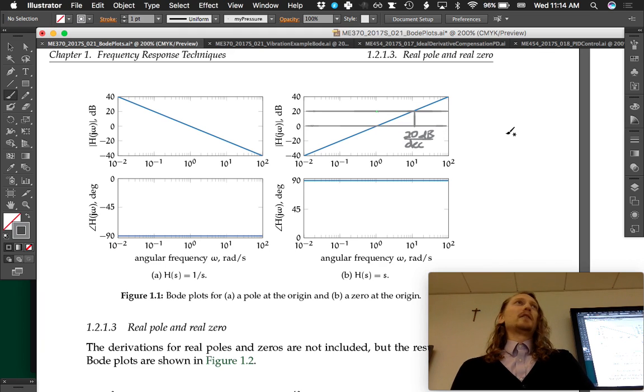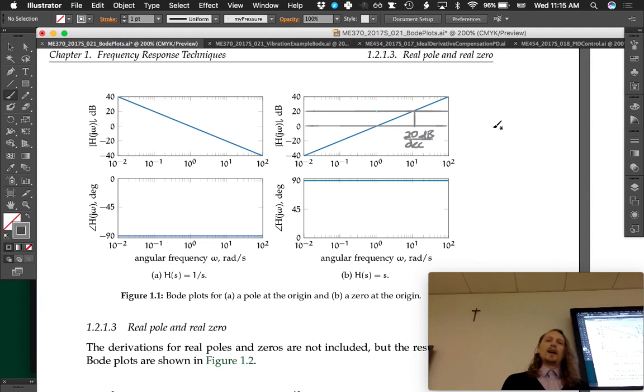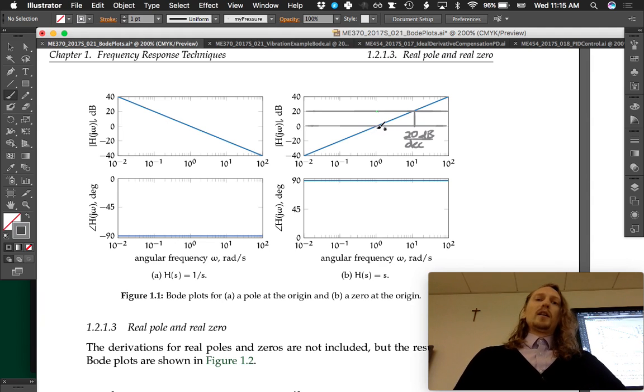That's a factor of 2. A decade is a factor of 10. So if you increase something by a factor of 10, you've increased it a decade. So the slope of this line is 20 dB per decade, and it goes through omega equals 1.